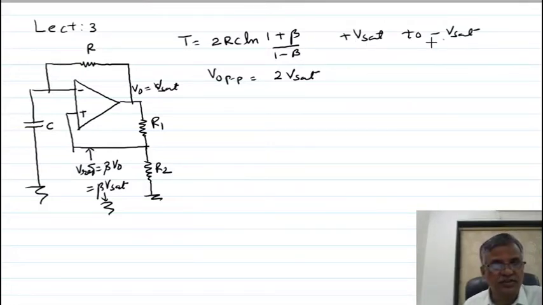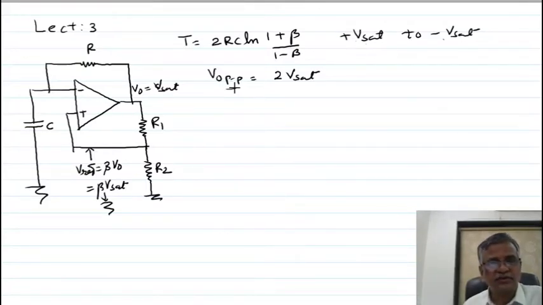If you want to change the amplitude of the output voltage, you can change the amplitude of the power supply voltage. So this is one way to change the amplitude of the output voltage.